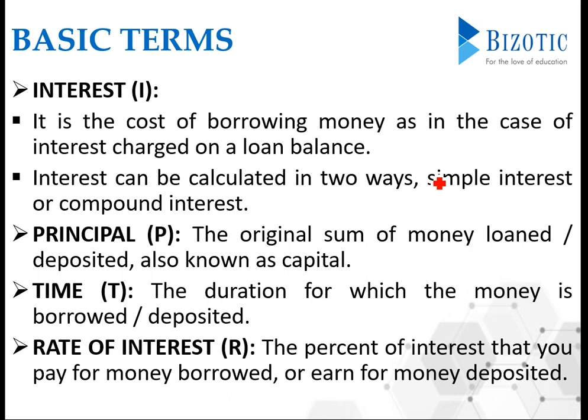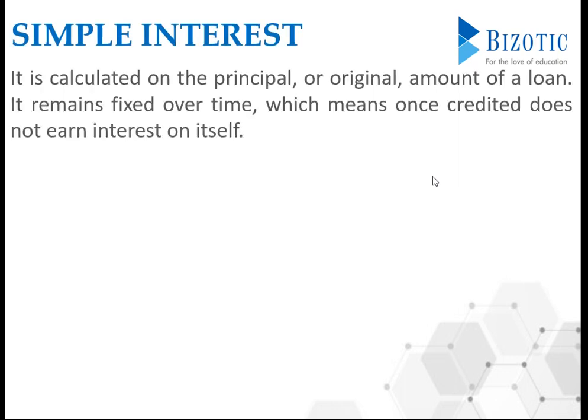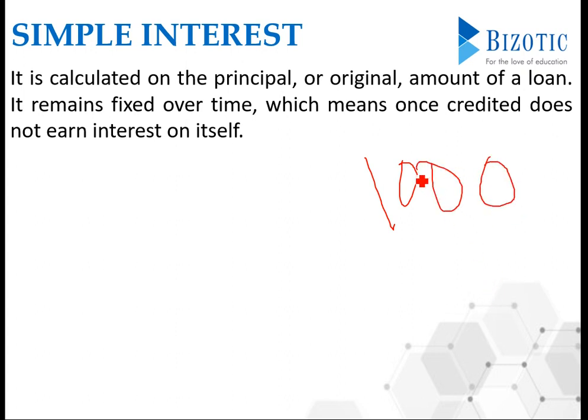So now let's directly move on to simple interest. It is calculated on the principal or original amount of a loan. It remains fixed over time, which means once credited, the interest does not earn interest on itself. So what is the meaning of this? Let me explain in simple terms. Suppose you have deposited 1000 rupees in a bank and you are getting 10% interest on that.